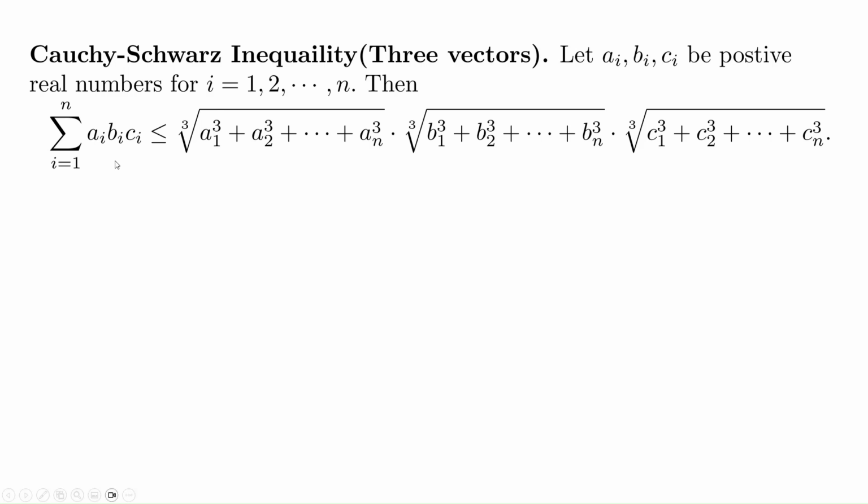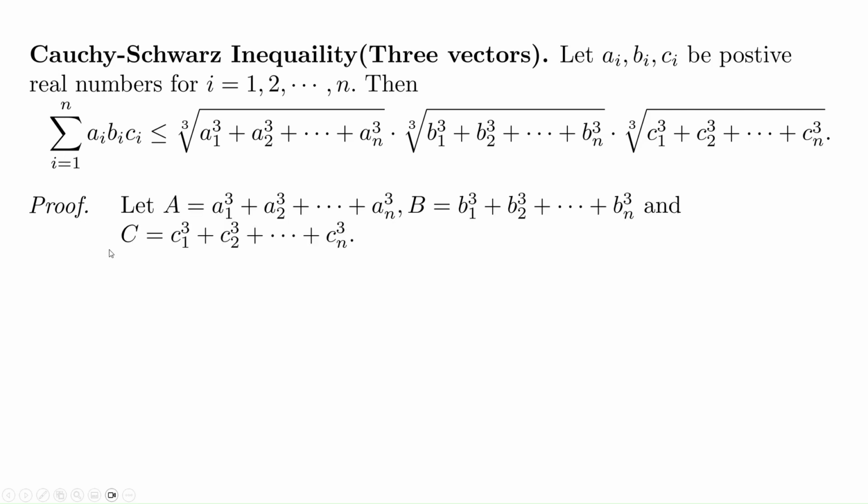This is a generalization of the inner product of two vectors, and the right-hand side is simply the product of the three norms of the vectors. The proof is similar. First, we define A to be a1 cubed plus a2 cubed plus up to an cubed, and B and C are defined in a similar way.